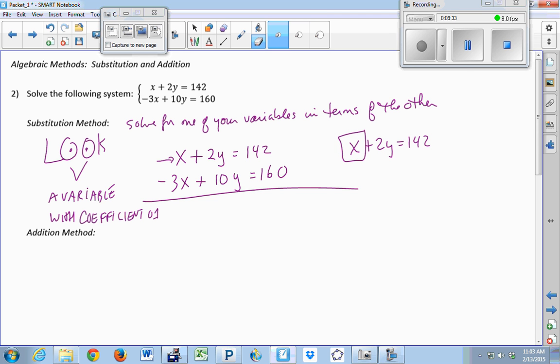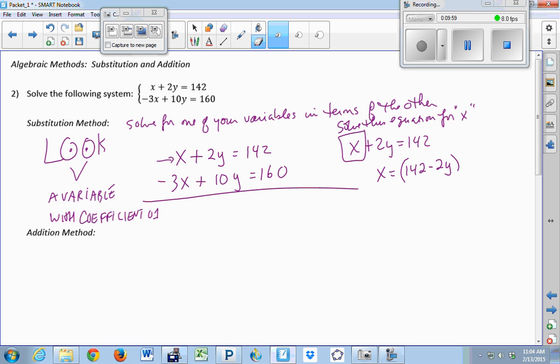I'm going to just solve this equation for x. I don't have to do any other manipulation because it's already set up. So we get x equals 142 minus 2y. Does everybody see how I got that?